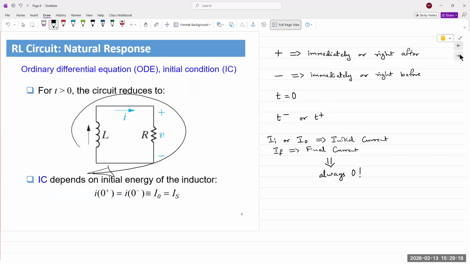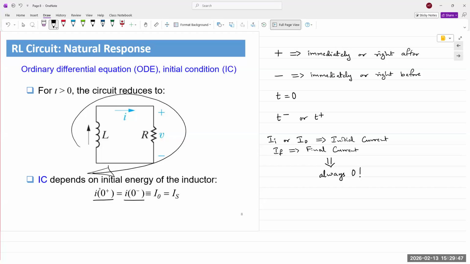For the initial current, here's the other fundamental thing. Current through an inductor cannot change instantaneously, and voltage across a capacitor cannot change instantaneously. And so the current at time t equal to 0 plus, meaning right after the switch is opened, is equal to the current right before the switch was opened.